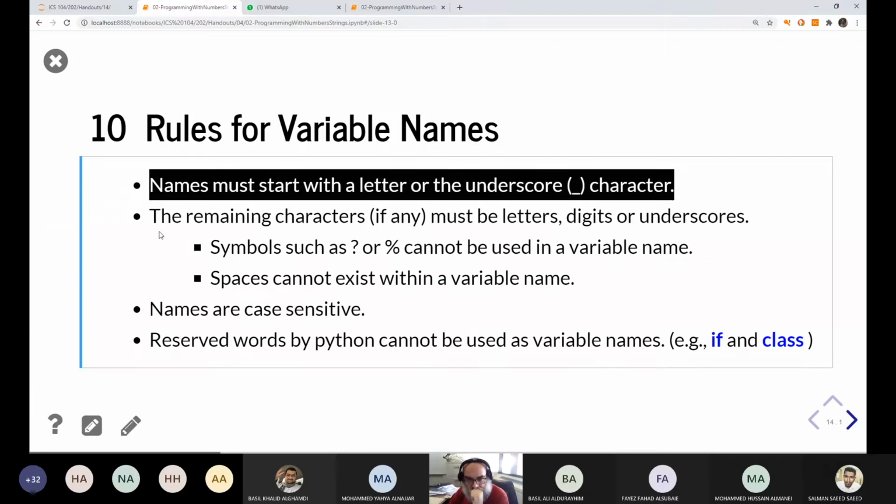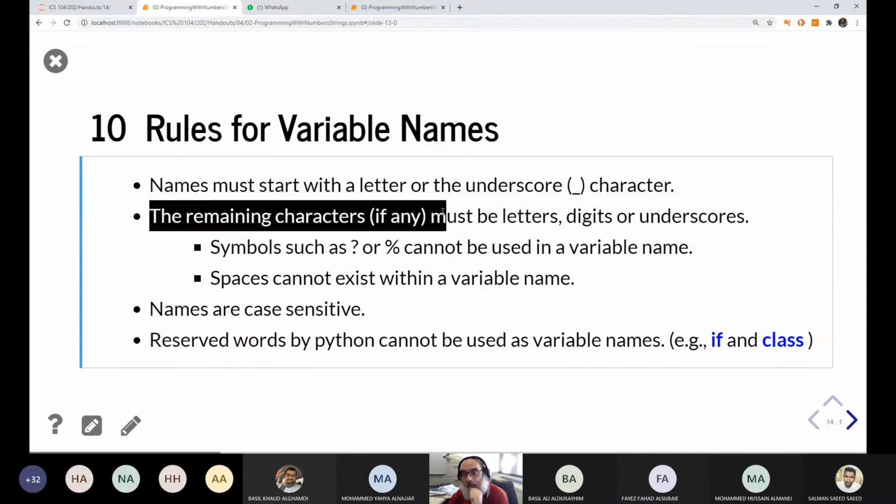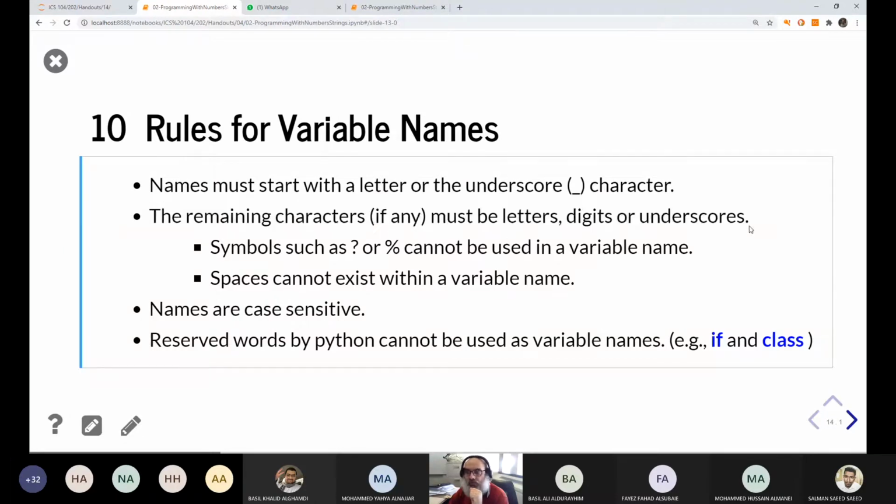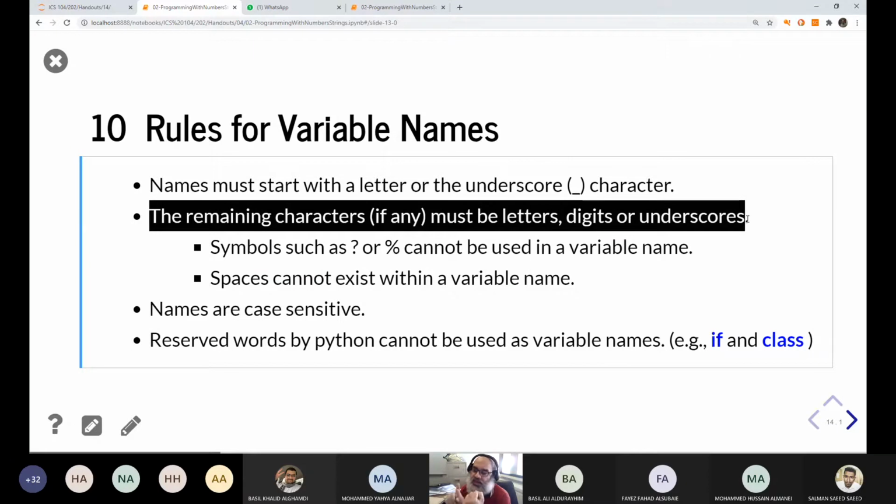What about the remaining characters? The remaining characters, if any, must be letters, digits, or underscores. So we can have letters, digits, or underscores as the second or the third or the fourth or the fifth character, and so on.